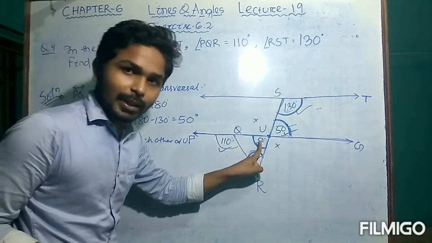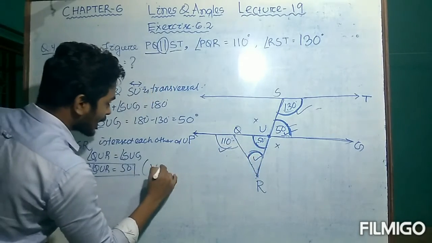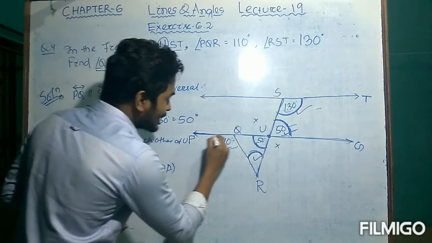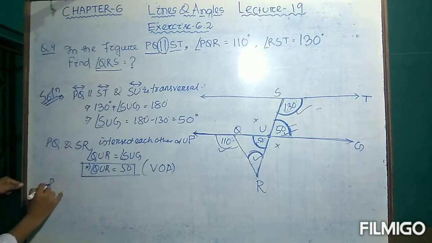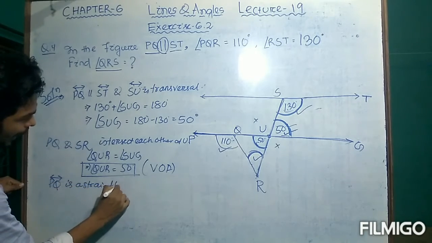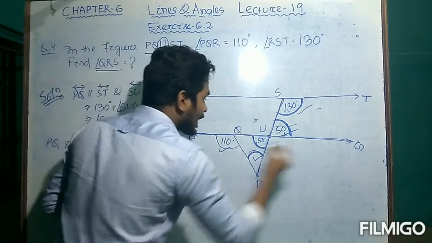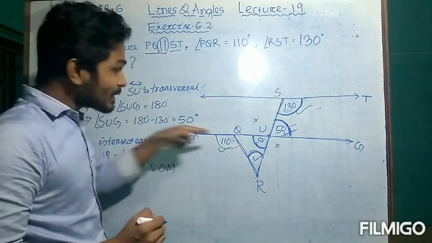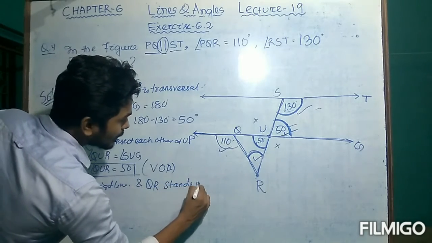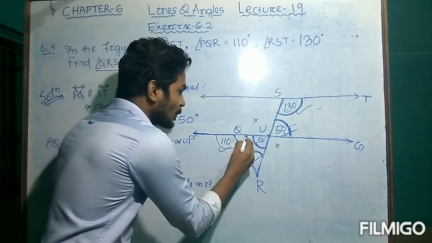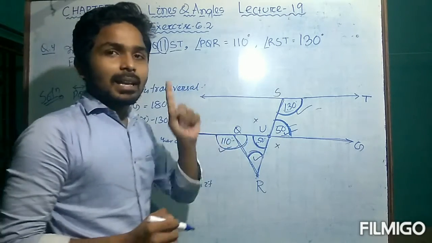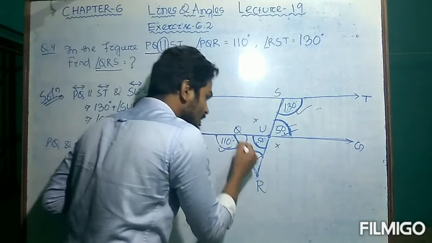Since it is vertically opposite angle, it must be 50 degrees. Right? Next, PQ is a straight line, and on this straight line QR is a ray which stands on it. Then two angles are formed, one angle and a second angle, and these two angles are known as linear pair angles because this is the straight line on which this ray stands.